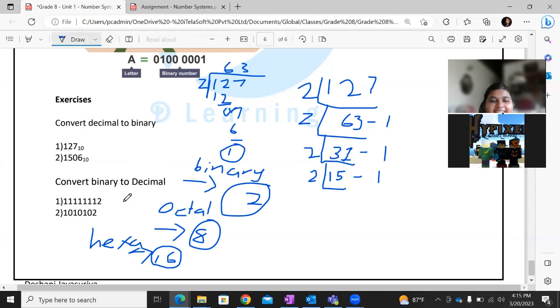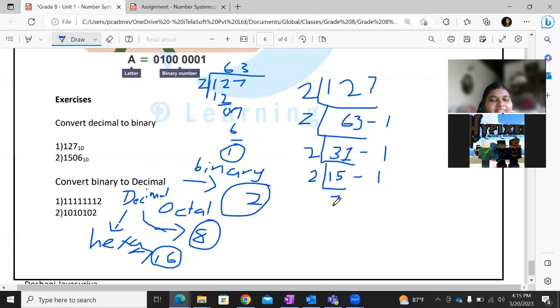So the easiest way is this. Any value, like decimal to binary, decimal to octal, decimal to hexadecimal. Because this is base 10 for decimal, this is how you get it.